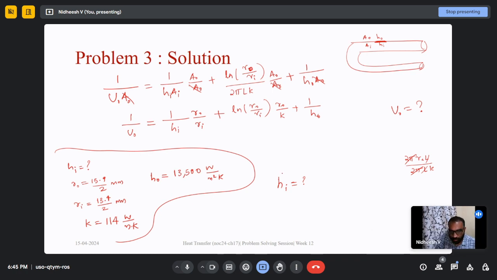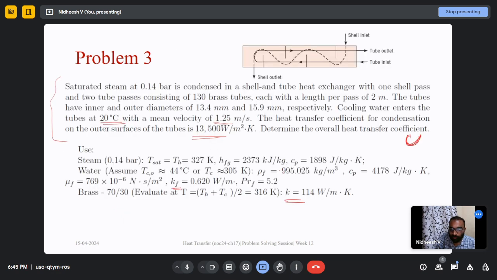If we go back to the problem, HI is associated with the tube water interface convective heat transfer coefficient, and we have been given the density, Cp, kinematic viscosity, the Prandtl number, all those properties for this water, and also the velocity of this water.